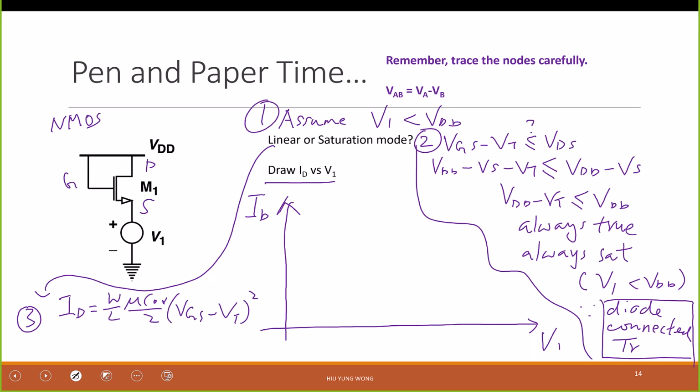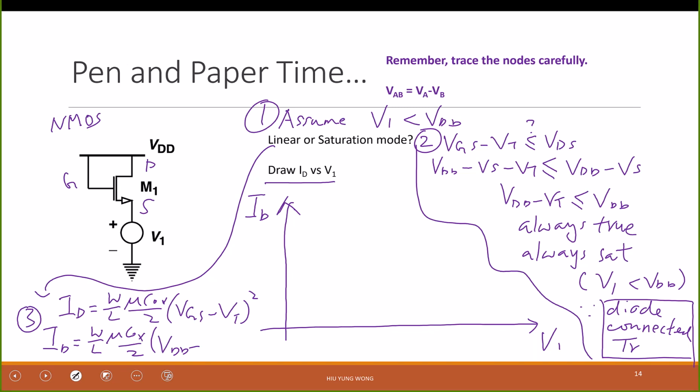Because it's saturation. So I need to plot ID, so I keep ID. W on L mu C ox is a parameter, I keep them. What is VGS? VGS is VG minus VS again, right? So VG is VDD. VS is V1.